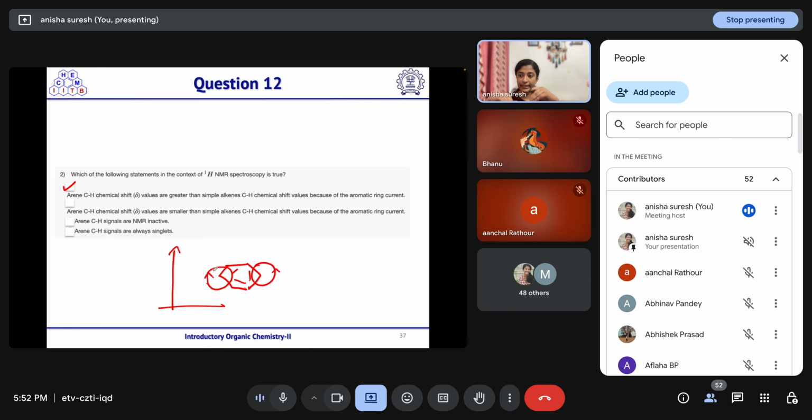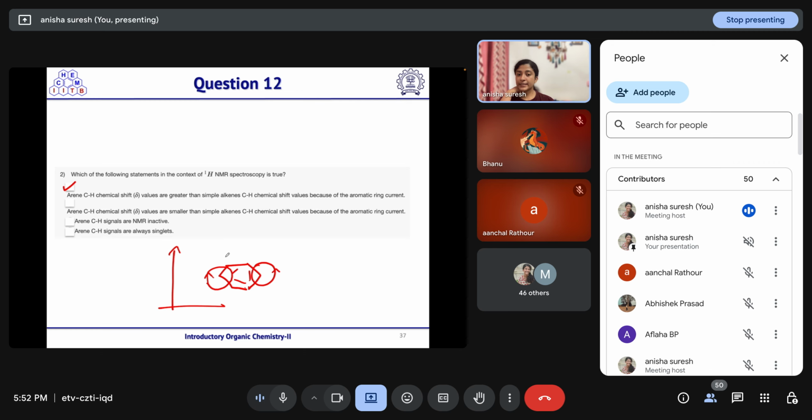Inside the aromatic ring, this ring current is opposing the applied magnetic field, and the outside protons will be experiencing a reinforcement of the applied magnetic field.